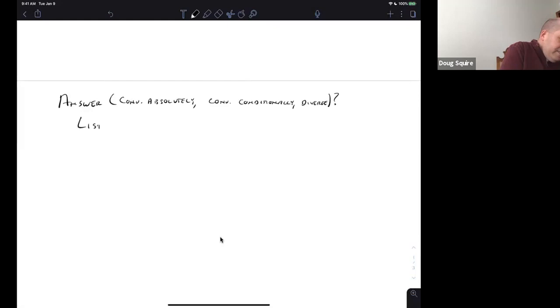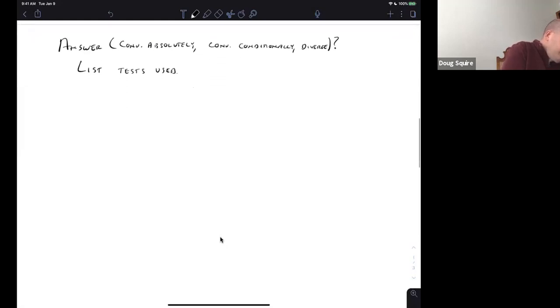List the tests used without showing the details of the tests. Okay, and so number one is the sum k equals 0 to infinity, -1 to the k squared over 8k to the third plus 27.